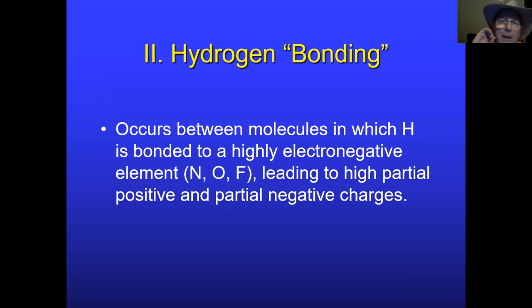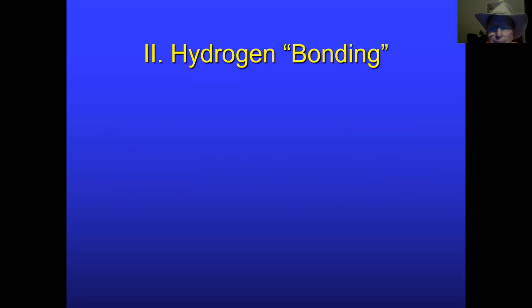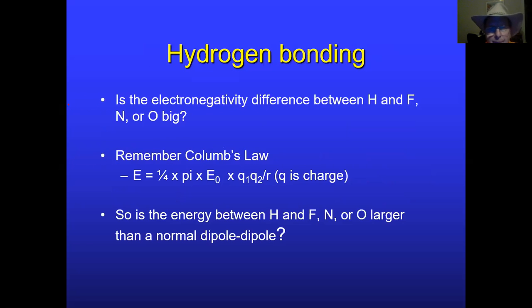The charge difference is much greater in hydrogen bonding than it is in dipole-dipole. Again, my charges are increasing. My force between the 2 molecules is going to increase. Remember, with Coulomb's law, we're dealing with the charges.